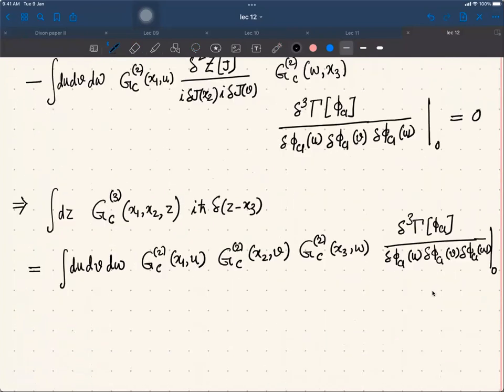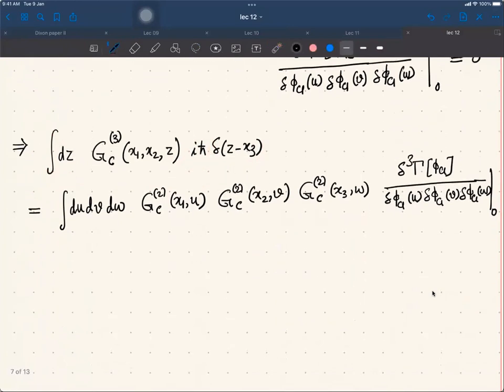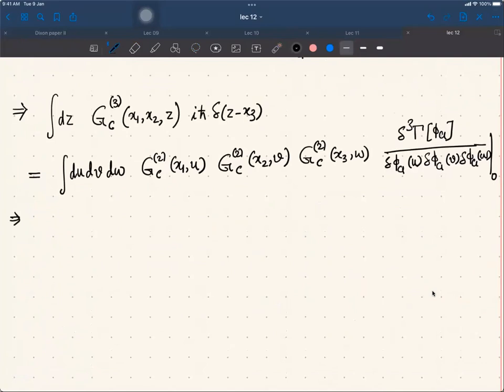So this integral, for the left hand side, it is just going to make z x3, and the i over h bar factor when brought on the right hand side is minus i over h bar, and therefore we get the following result.